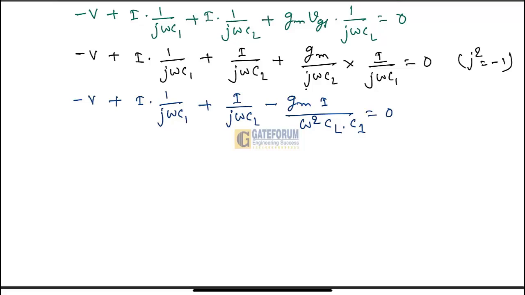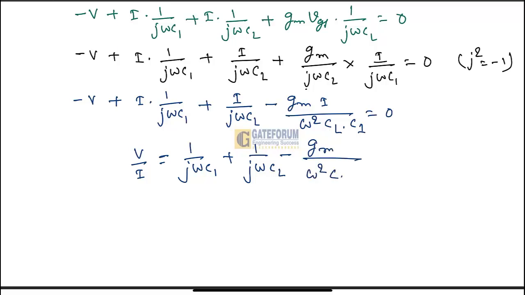So now if you rearrange this and take the ratio of V and I, then V by I is equal to 1 by j omega C1 plus 1 by j omega CL minus gm divided by omega square CL into C1.